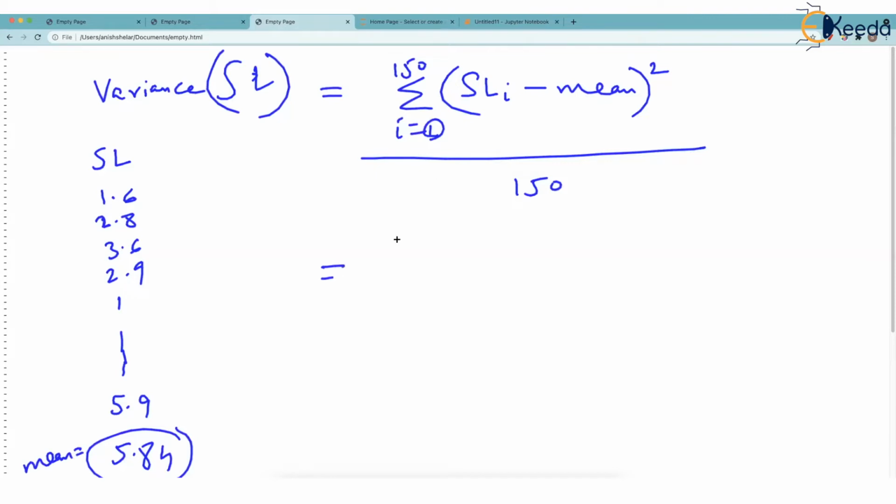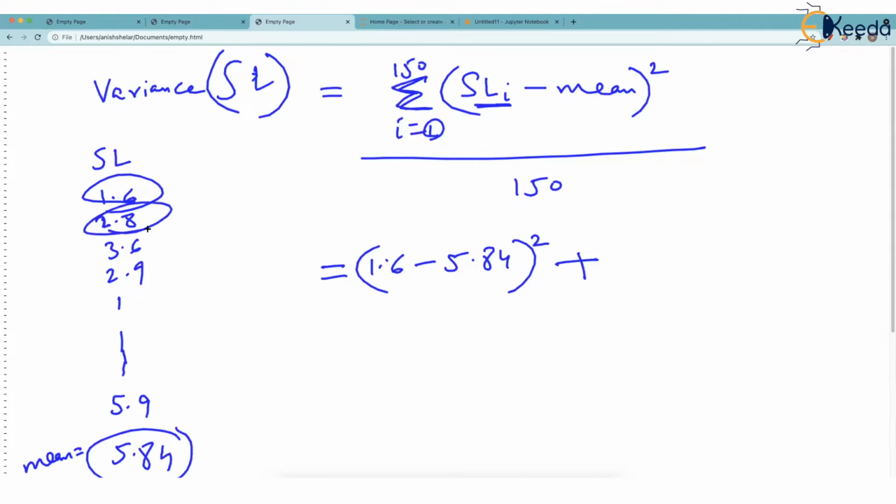So what does this formula become? Take the first SL, that is 1.6. 1.6 is subtracted from 5.84 and squared, and it is added because this is a summation. Take the second SL, because i is running from 1 to 150. The second SL is 2.8 minus the same mean 5.84, the whole square.